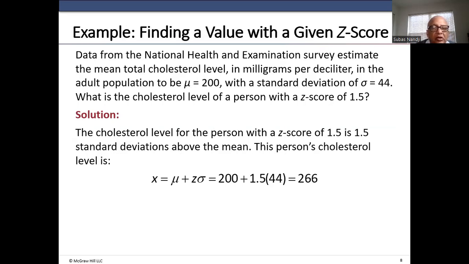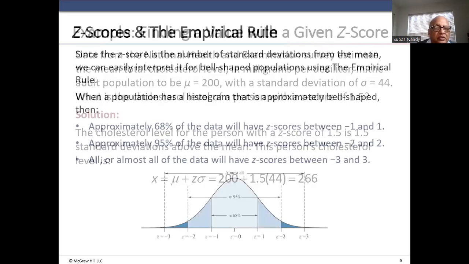What is the cholesterol of a person with a Z-score of 1.5? Notice this Z-score is positive, so the value will be above the mean. First we multiply the Z-score of 1.5 by the standard deviation 44, and then add that product to the mean. We get an X value of 266.